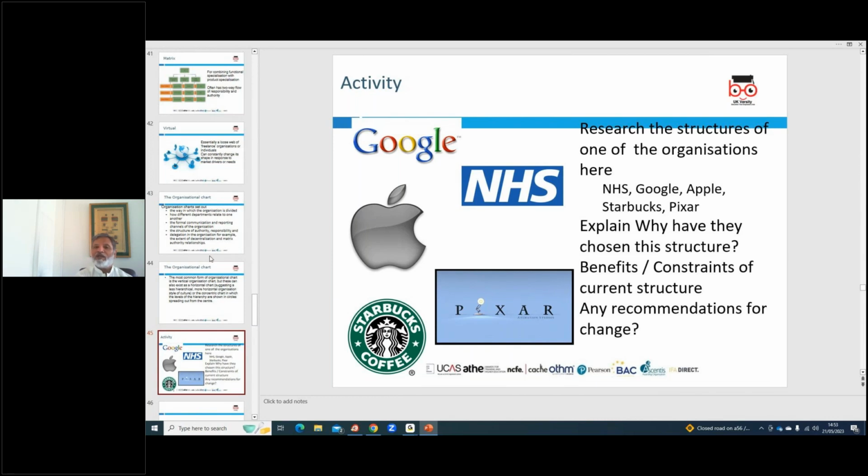Explain why they have chosen this type of structure, what the benefits of this type of structure are, what the current constraints and problems are, and what your recommendations are, how should they change. So you have an activity to do this.